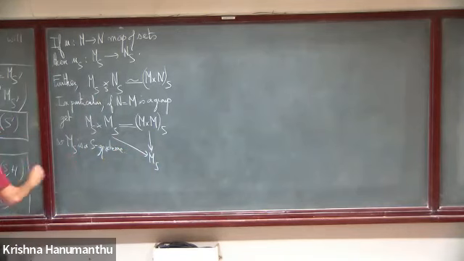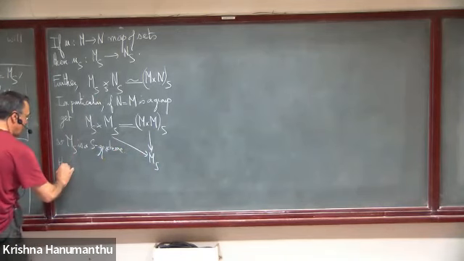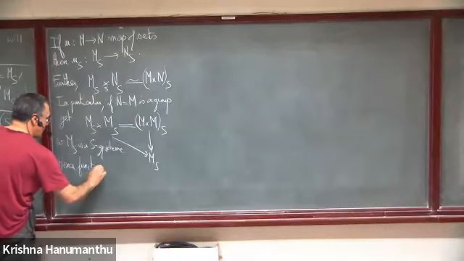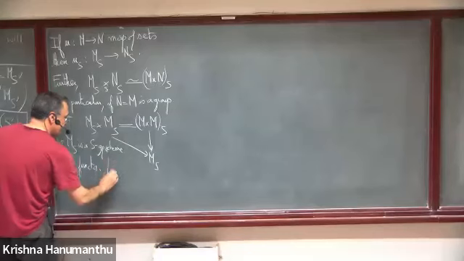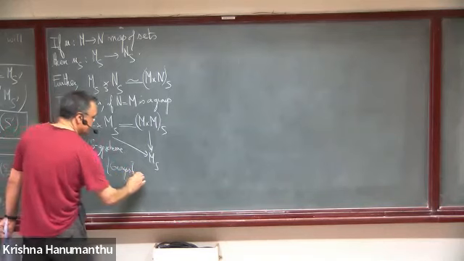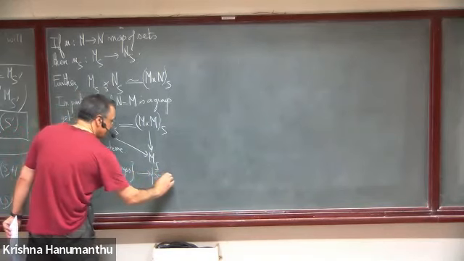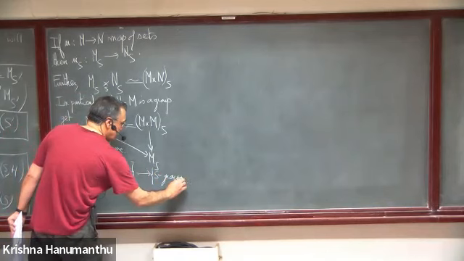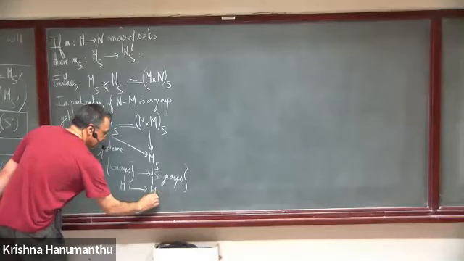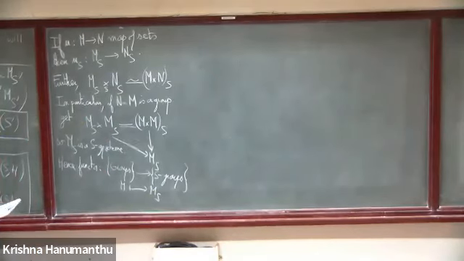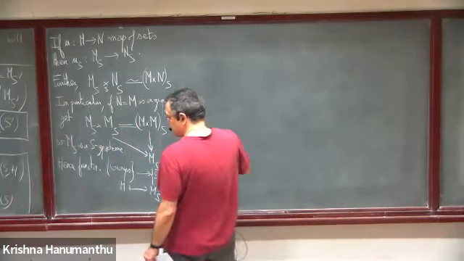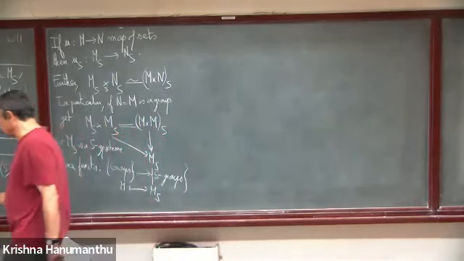So we have a functor, hence we have a functor from the category of groups to that of S group schemes, which takes a group M to the group M_S.